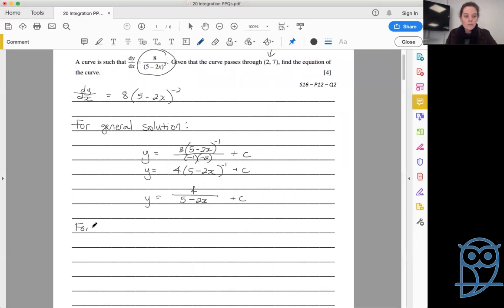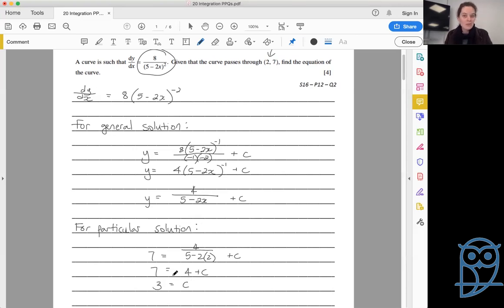So for the particular solution, making it clear exactly what is going on, 7 equals 4 over (5 minus 2 by 2) plus c. So 7 equals 4 plus c, c equals 3.